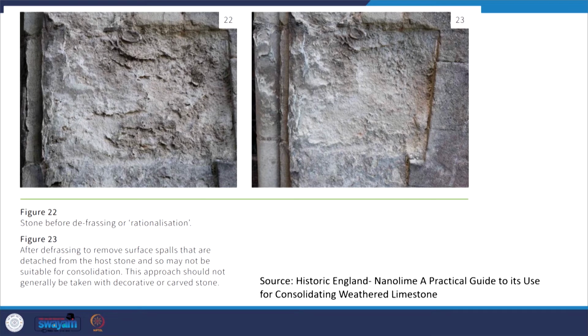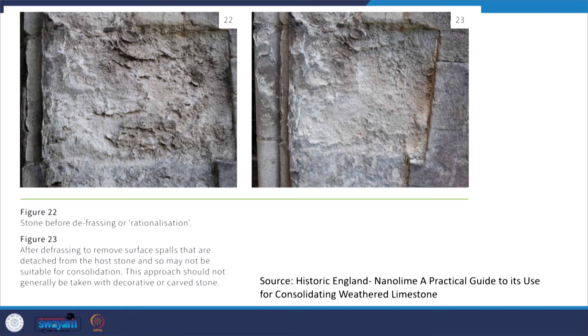So how do we apply these treatments? The very first part is the de-facing, or rationalization. We have to remove the surface spalls, and we have to see whether there is any biological component, or any salts which are affecting these stones. We have to clearly take those out first, and we have to be careful.